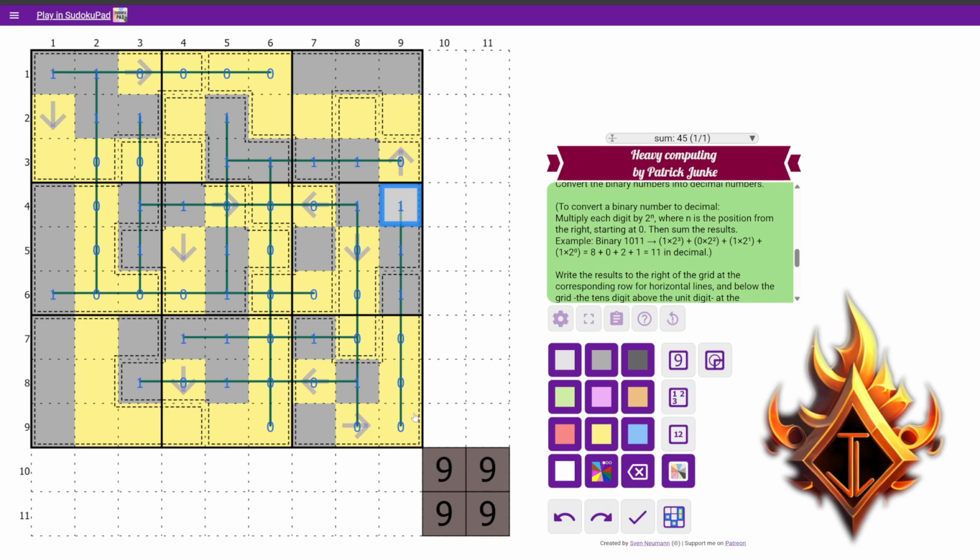Because this top one would be 2 to the 5th power. So 2, 4, 8, 16, 32. So this one here is 32, for instance. Hopefully that makes sense. So basically the zeros are off and the ones are on. So this one would be 1, 2, 4, 8, 16, and 32 are on, which is 56.